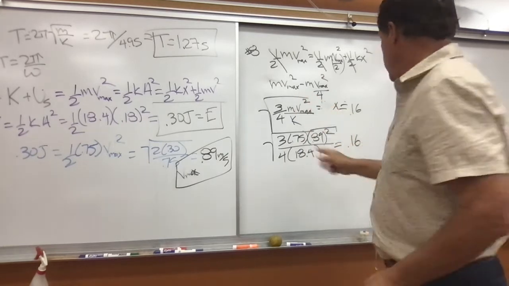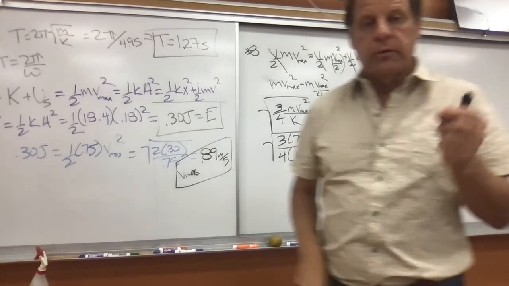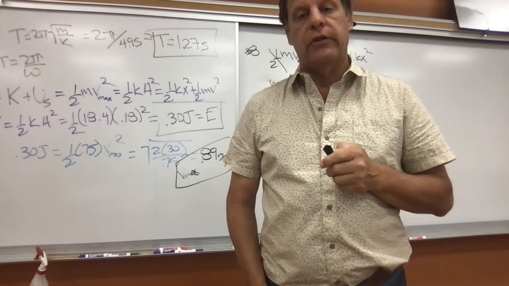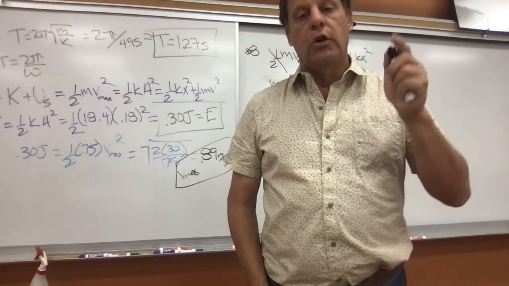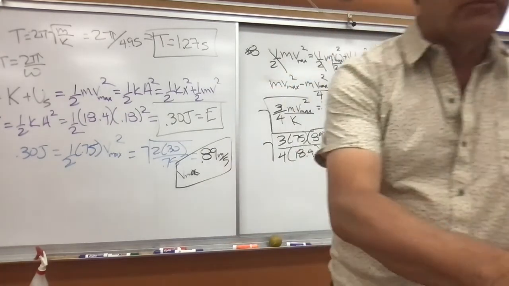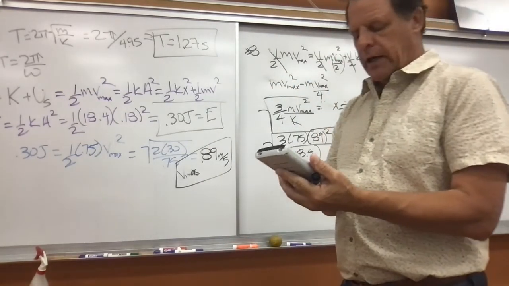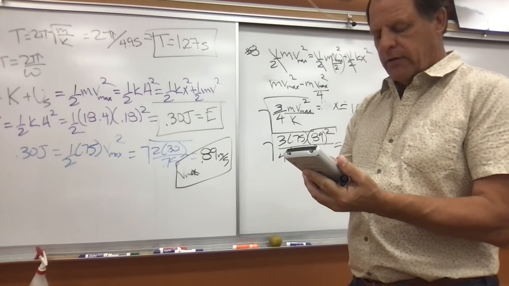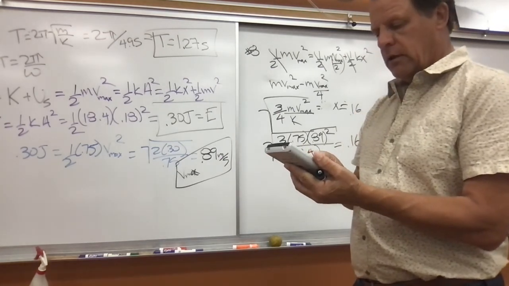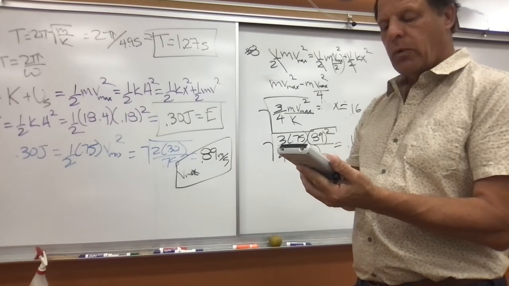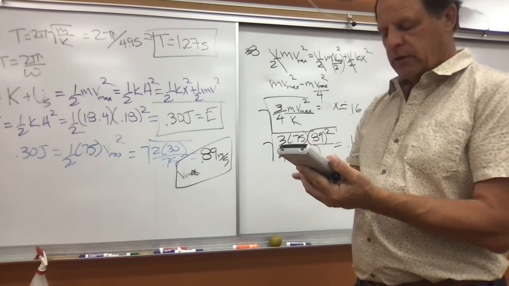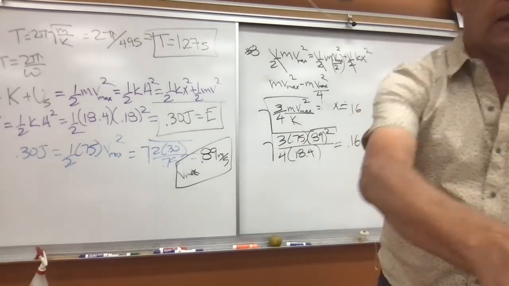So it's going to be plus or minus 0.16 on either side of the equilibrium point, which we know is at 55 centimeters. So 55 plus 16 would give us 71, and 55 minus 16 would give us 39.